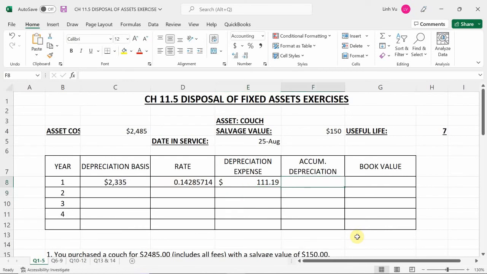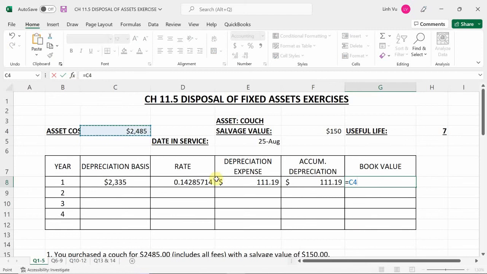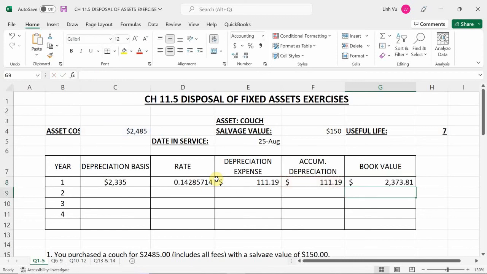So then, what's my book value going to be? $2,223.81. Good. All right, so let's depreciate it for the second year.